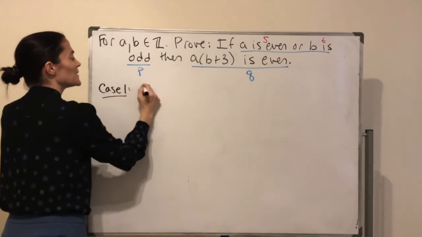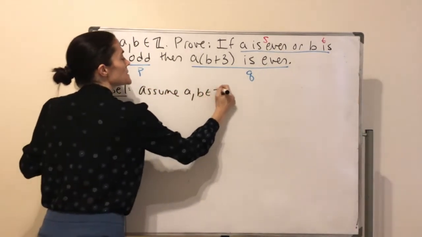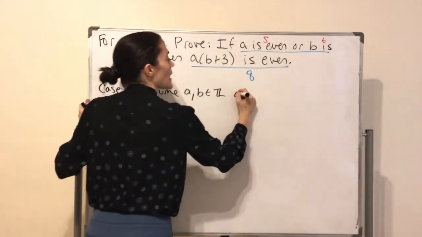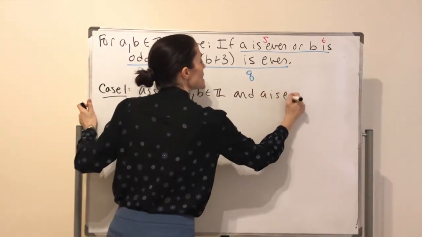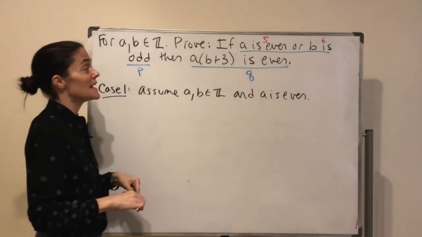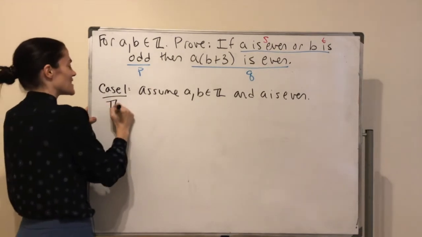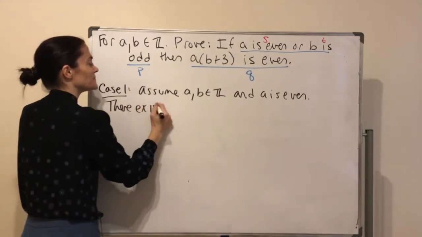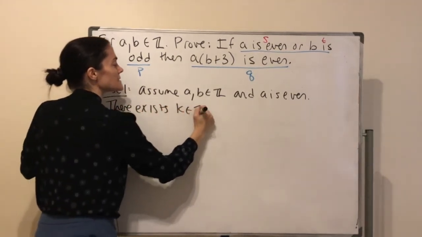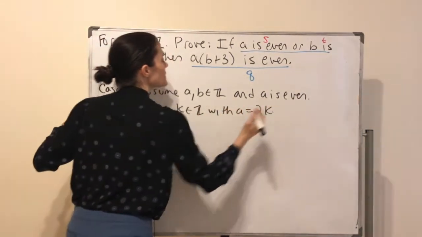Case 1, we assume a, b are in Z, and a is even. And then I need to show this a times b plus 3 is even. And in this case, there exists k in Z with a equals 2k.